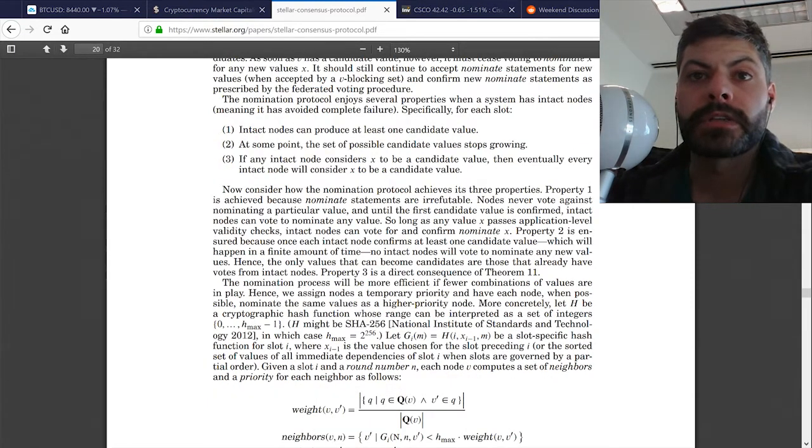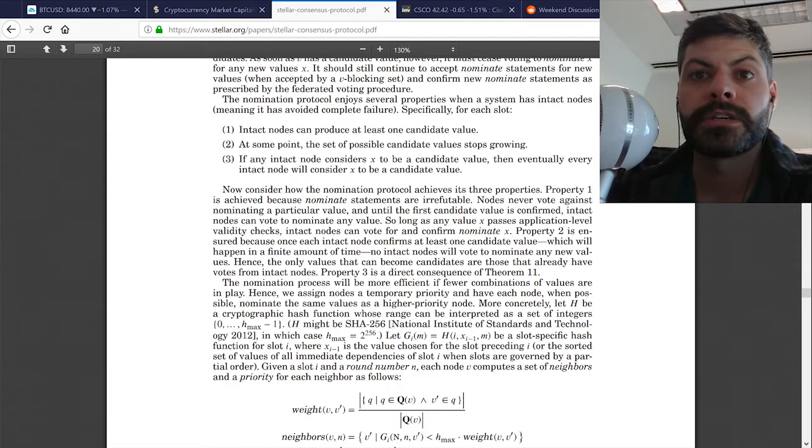The nomination process will be more efficient if fewer combinations of values are in play. Hence, we assign nodes a temporary priority and have each node, when possible, nominate the same values as a higher priority node. More concretely, let H be a cryptographic hash function whose range can be interpreted as a set of integers in the set 0 through h_max minus 1.